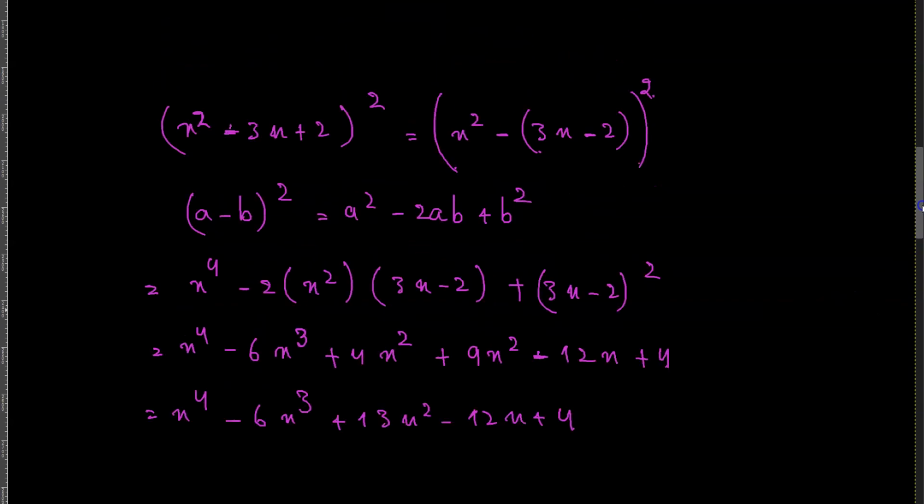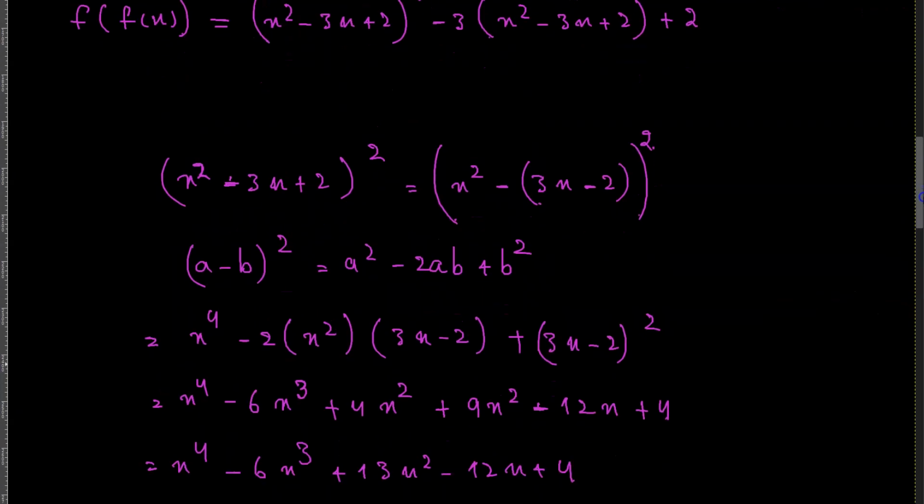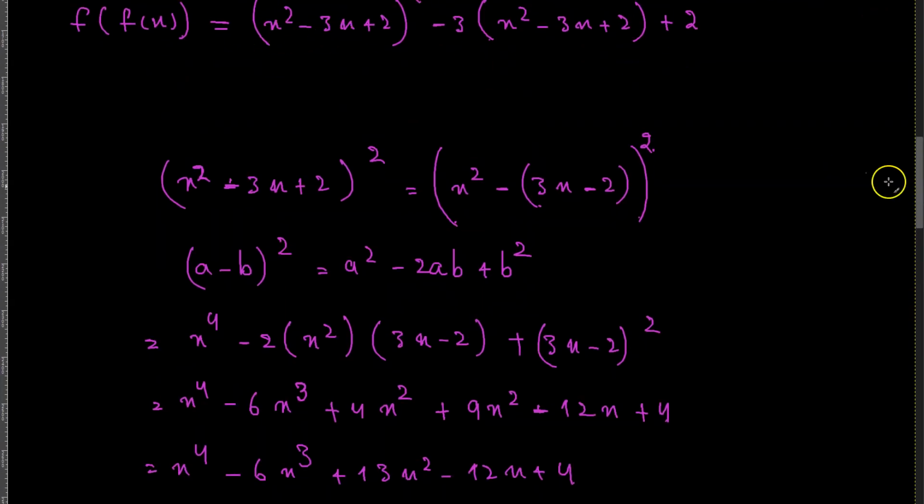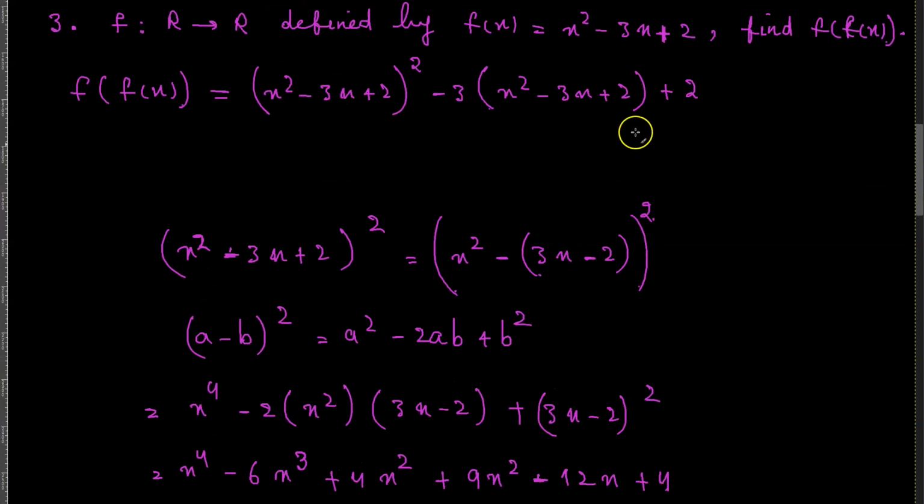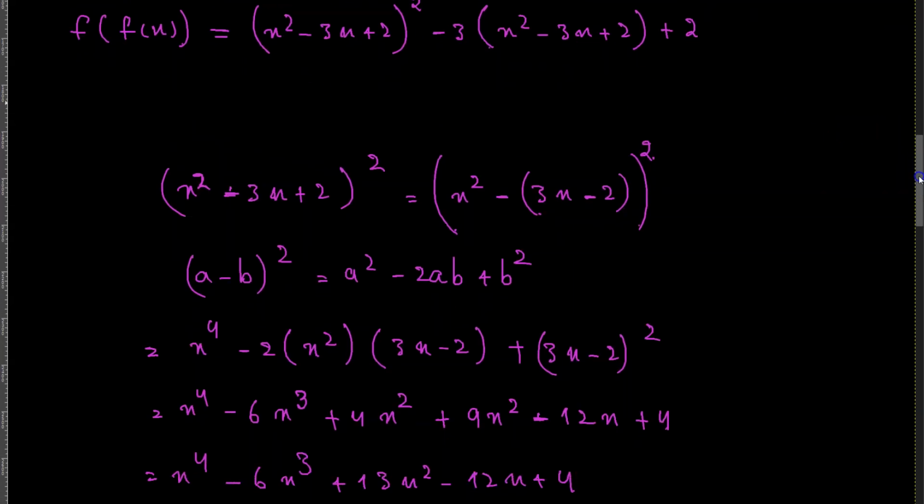And then you need to put this whole thing over here. So this becomes this part, which I can write as x raised to the power 4 minus 6x cubed plus 13x squared minus 12 times x plus 4.